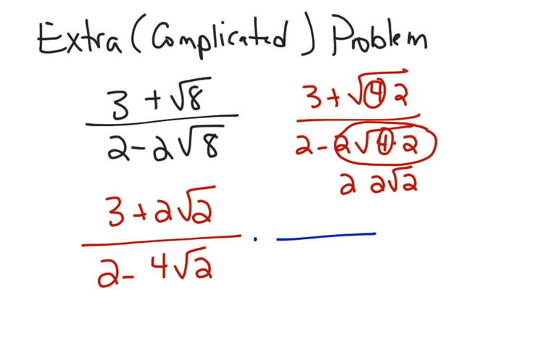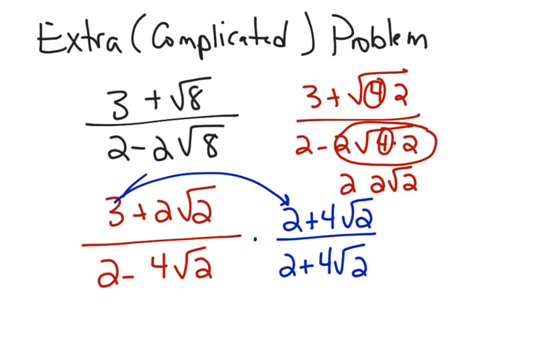The conjugate of the denominator is 2 plus 4 the square root of 2. Alright, in the numerator, I have to distribute or use FOIL. I get 6 plus 12 the square root of 2, 4 the square root of 2.